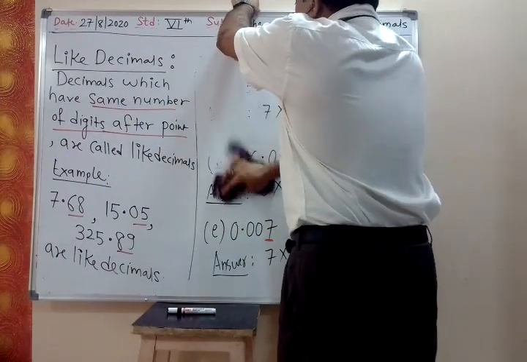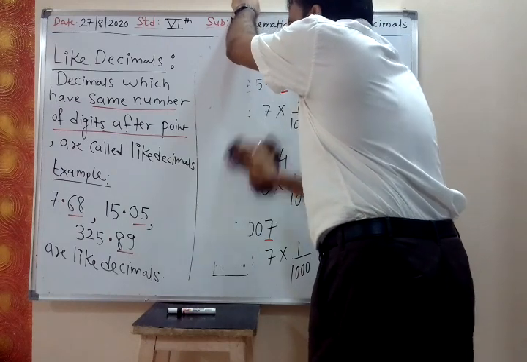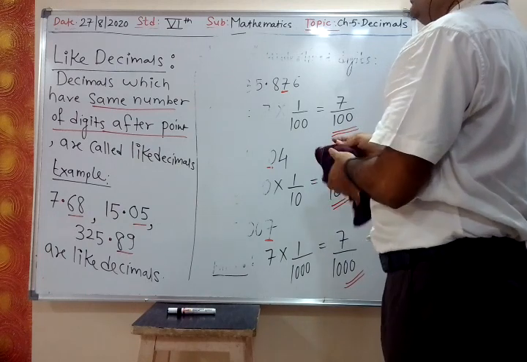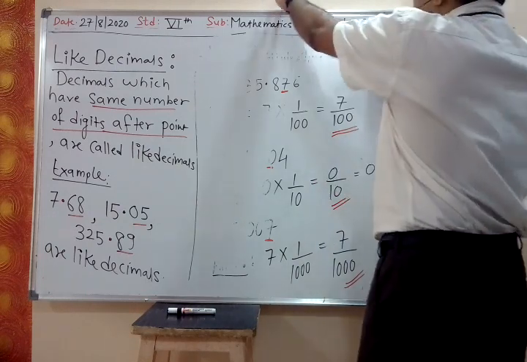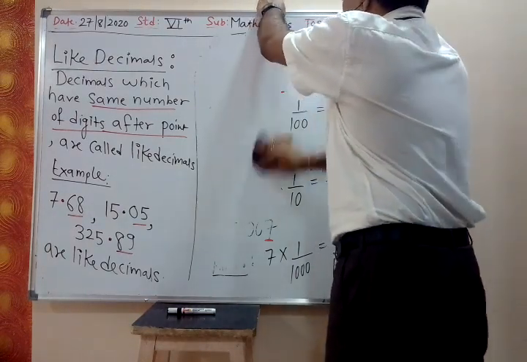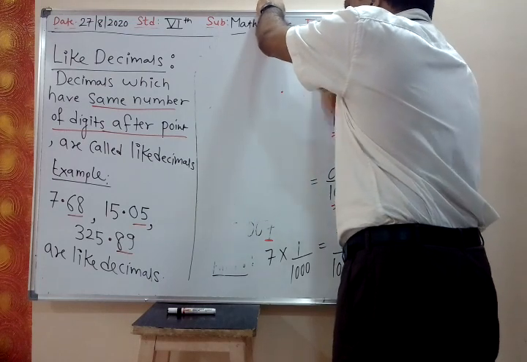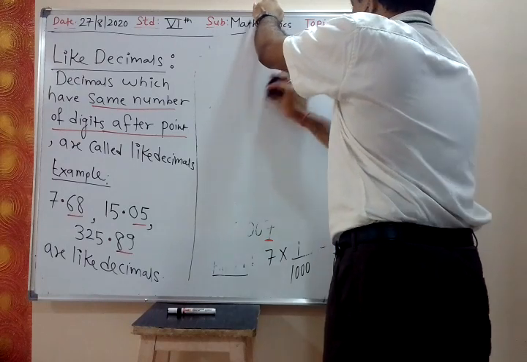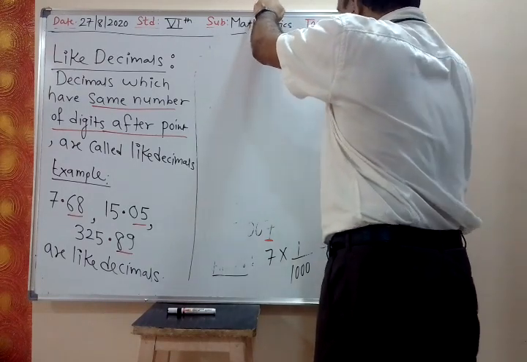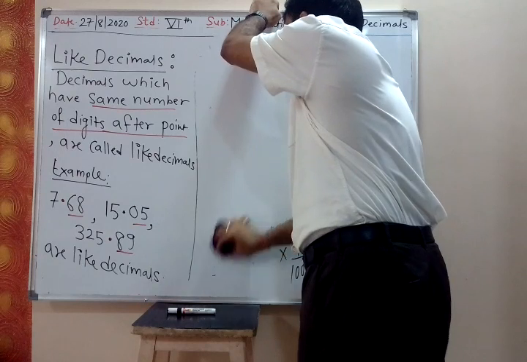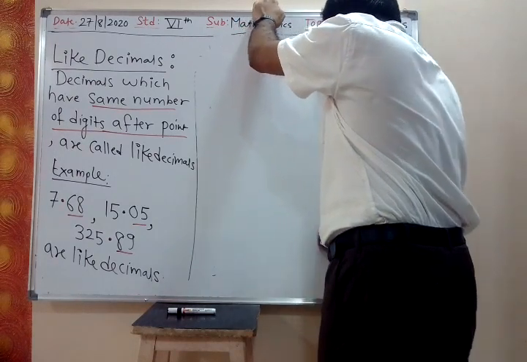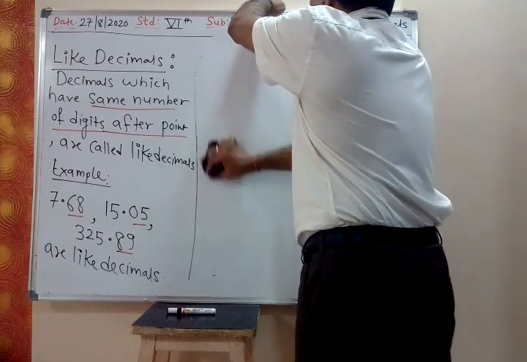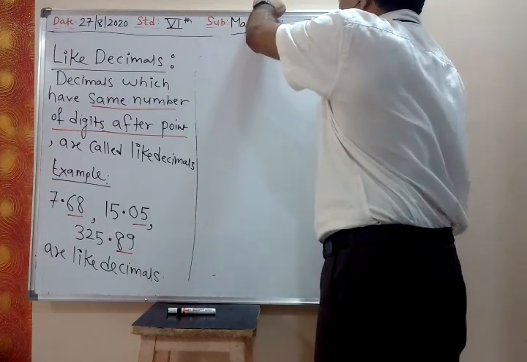Similarly, we can see the definition of unlike decimals. 7.68, 7.68. Yes, this is the definition. So you have to count the number of digits after the point.